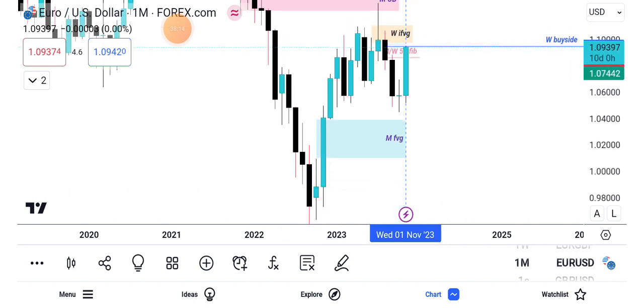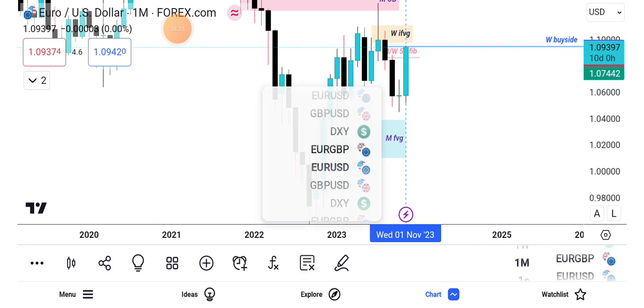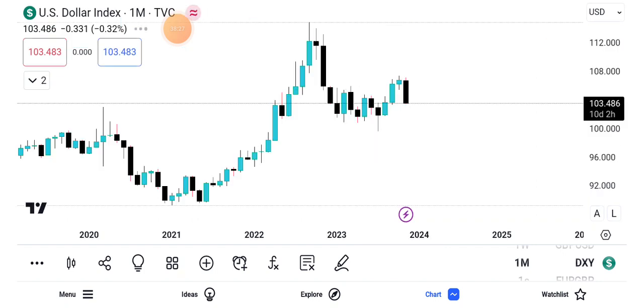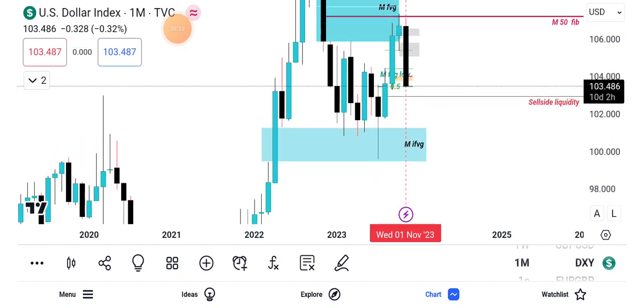So it's our draw on liquidity if Euro will show signs of being bearish while the DXY shows signs of being bullish.